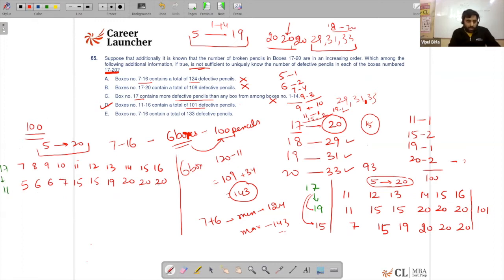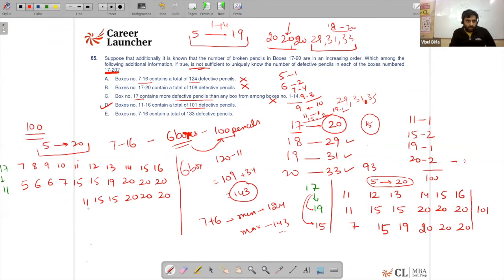Let's look at whether there is any other option for filling it. So if I take, let's say, 20, 20, and 20 again with 15, 15, 11. So I'm not taking 19, and we'll try and see whether 19 pencils can be in 17 with 133 in this 7 to 16. So that makes it 20, 60, 90, 90 plus 11 is going to be 101.